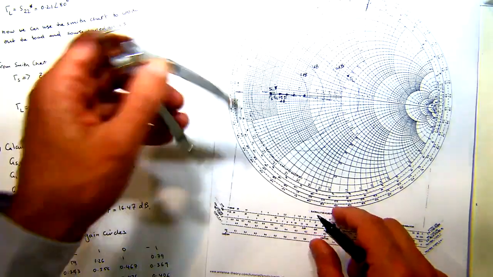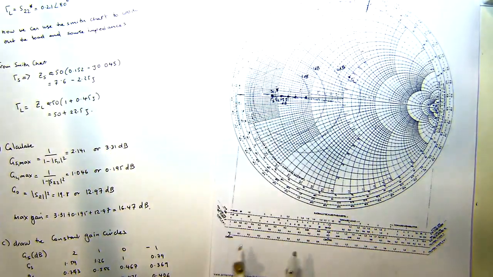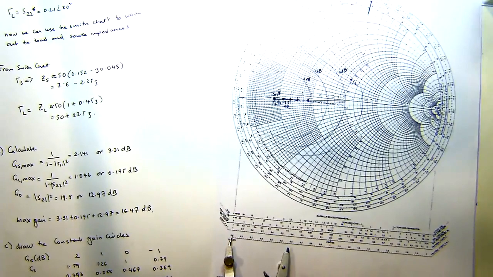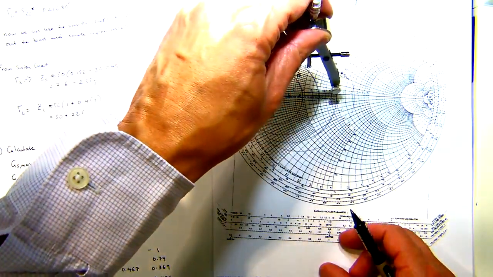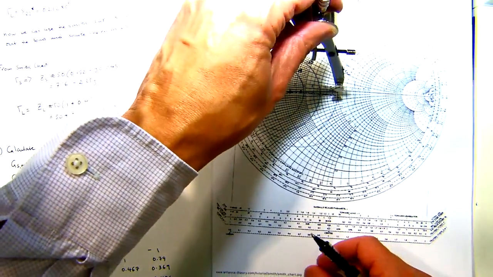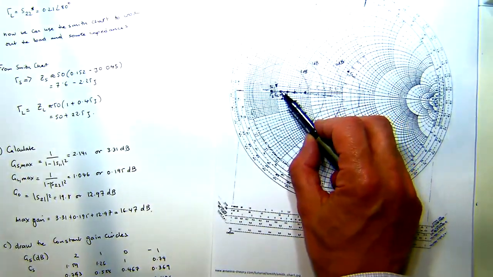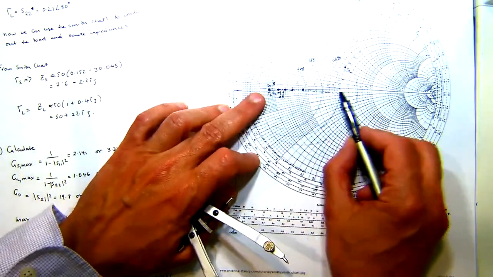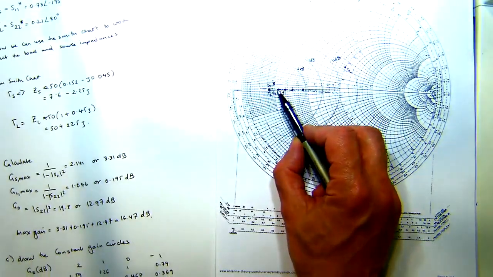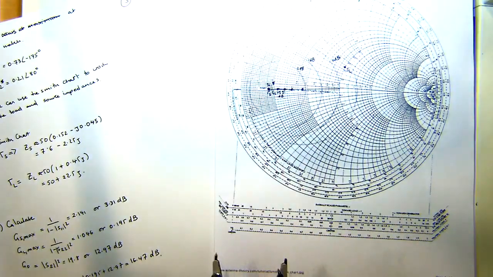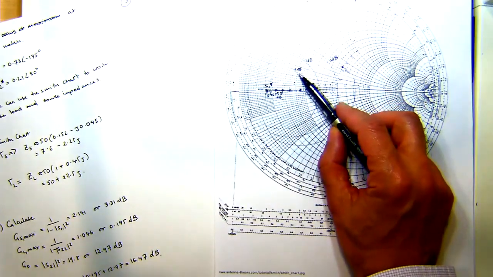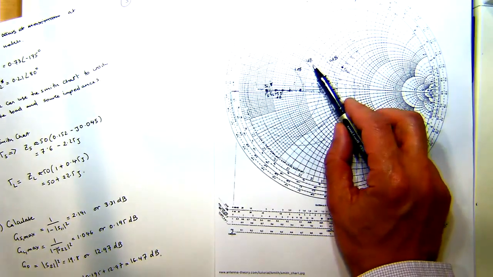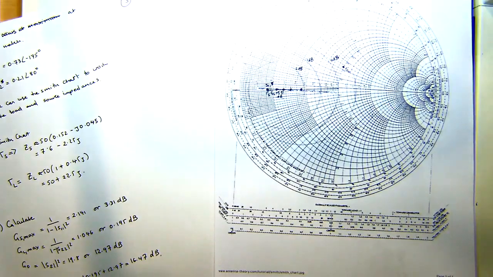It's roughly about there, I'm being very rough here. That gives you the centre of the circle. Then we find the radius, 0.274. We find 0.274, and then we draw the circle. That gives us our 2 dB gain circle for GS. We can do our 1 dB and 0 dB gain circles as well.